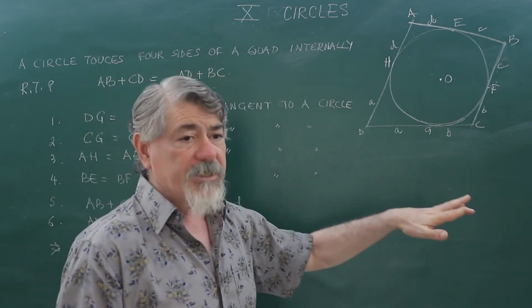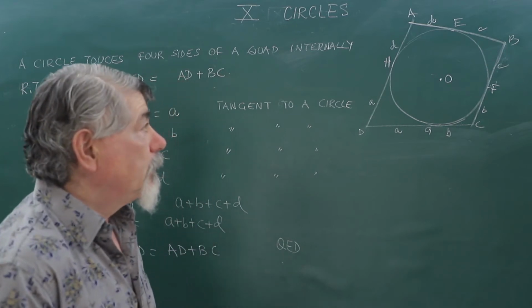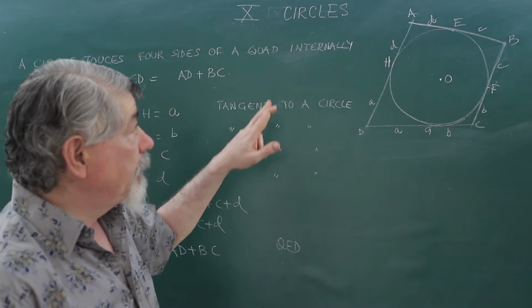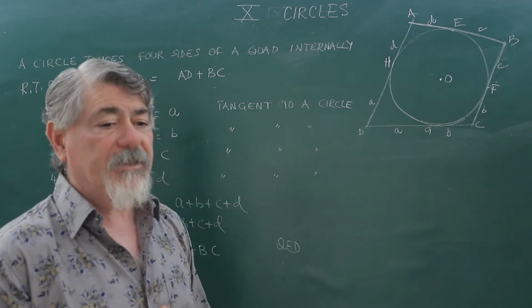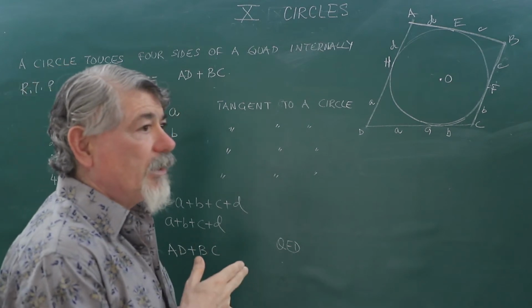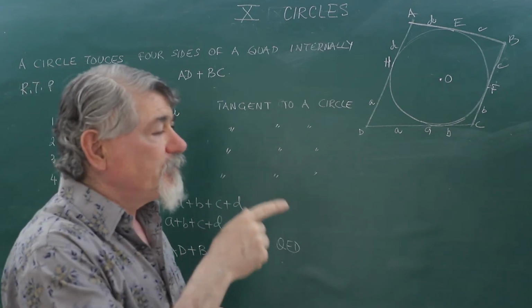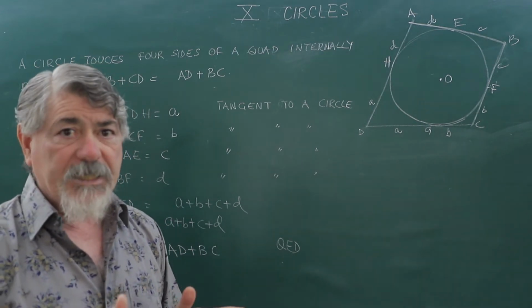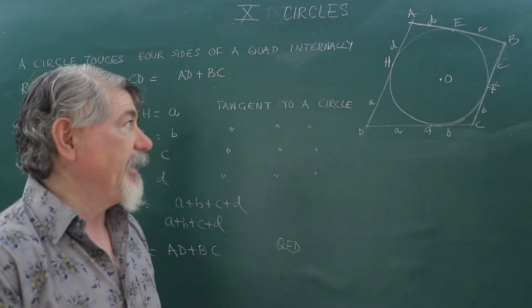A circle is inscribed in a quadrilateral ABCD, or you can say that ABCD is a quadrilateral which is circumscribing a circle. Both are the same, said in a different way.